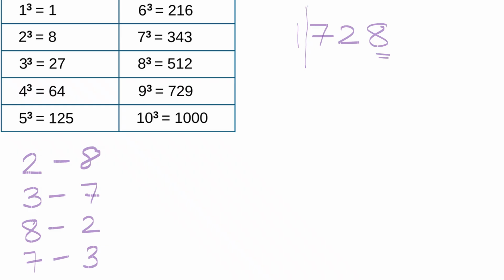Now I am having 8. We know that if the last digit is 8, the cube root will end at 2. So I will write here 2, right? Its cube root will be 2 and 1. Now 1 is here, 1 cube. So I will write 1. That's it. This is my answer.